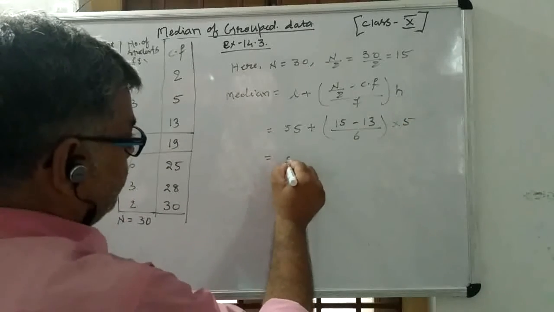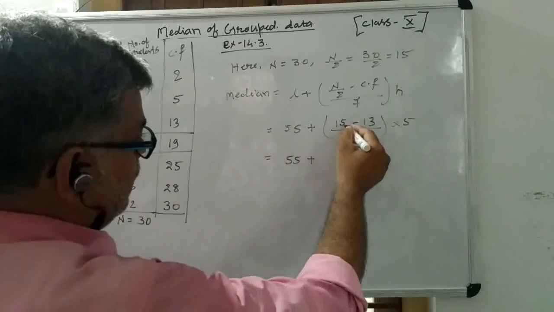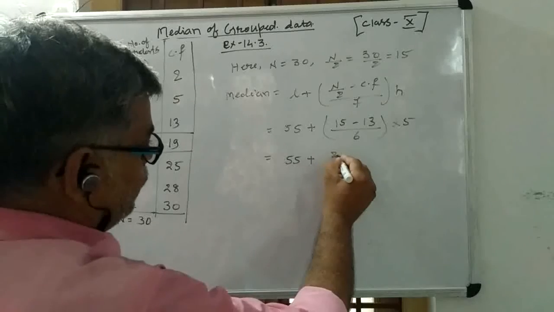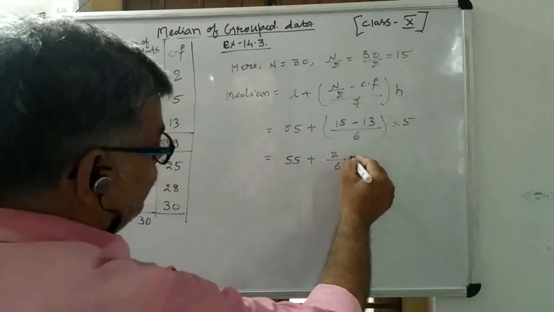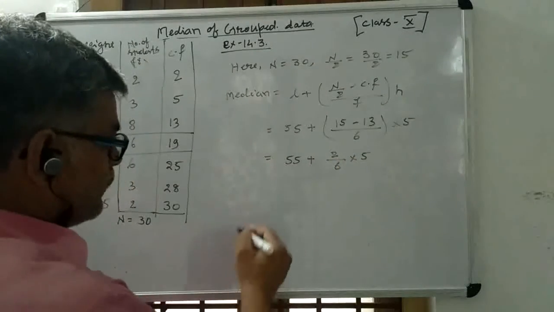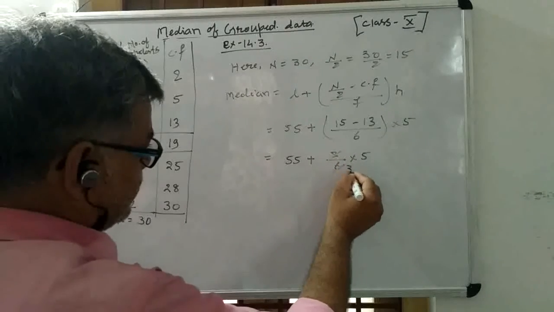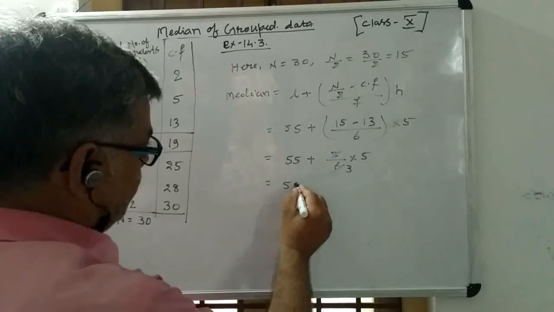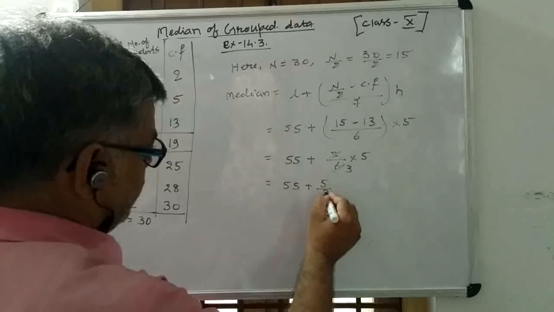So it will be 55 plus (15 minus 13) which is 2, by 6 into 5. 2 threes are 6. So now we have 55 plus 5 by 3.